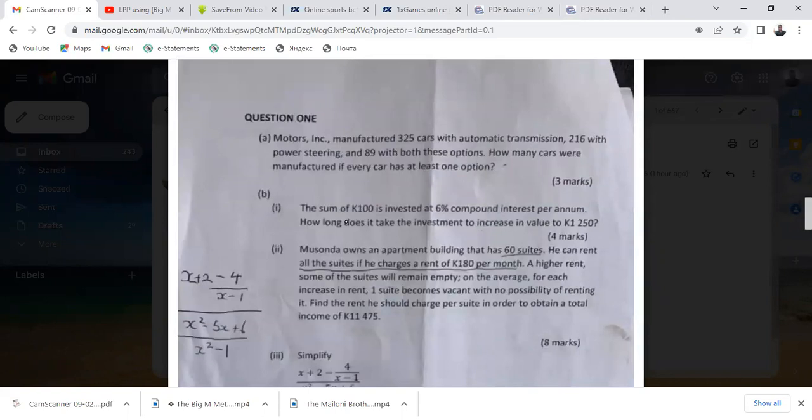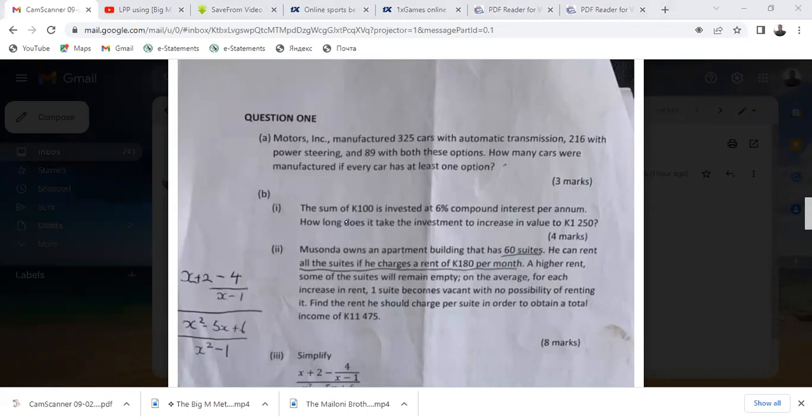You can rent all the suites if the rent is 180 per month. For each increase in rent, one suite becomes vacant with no possibility of renting it. Find the rent you should charge per suite in order to obtain a total income of 11,400.